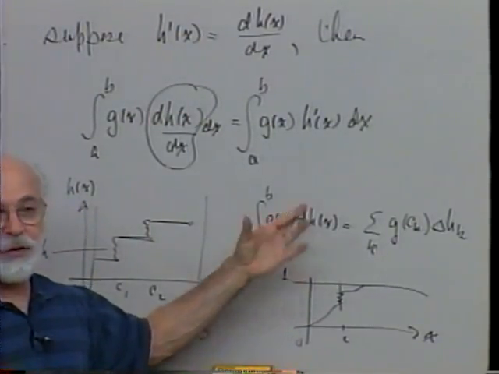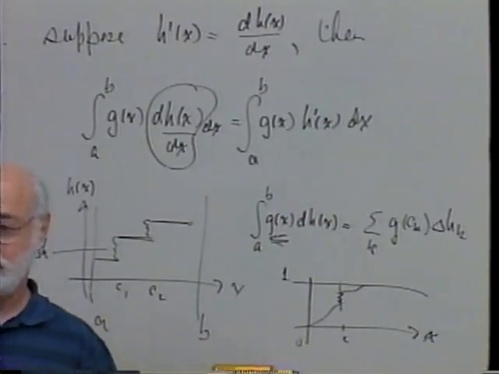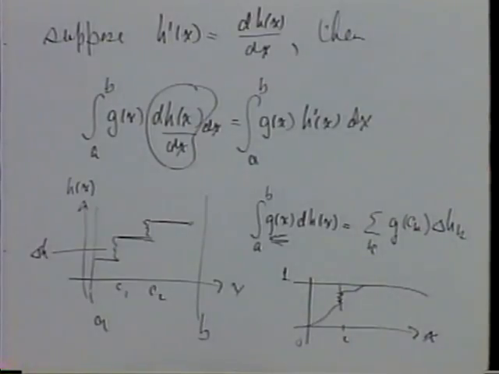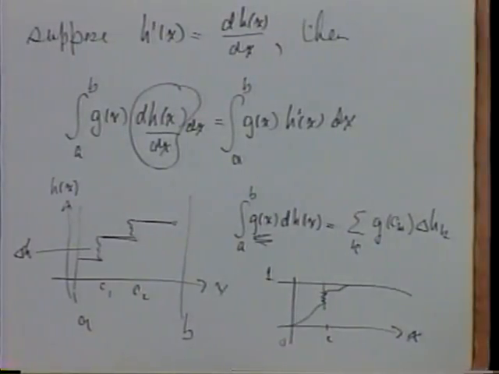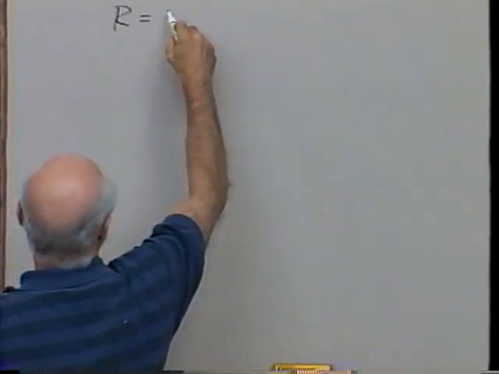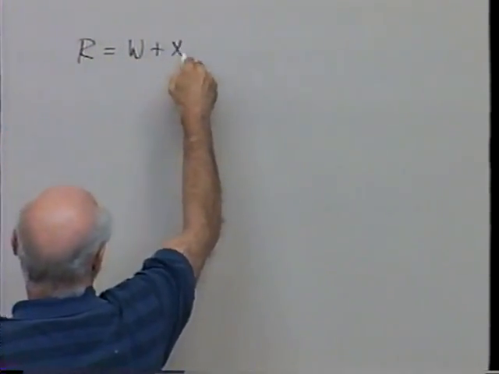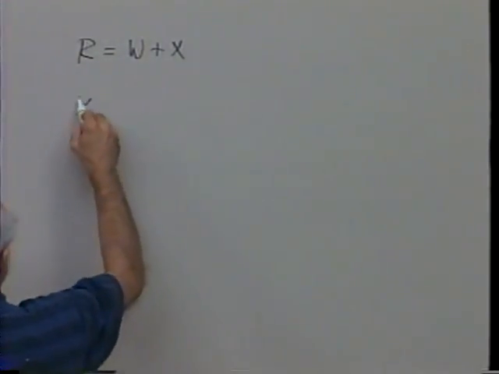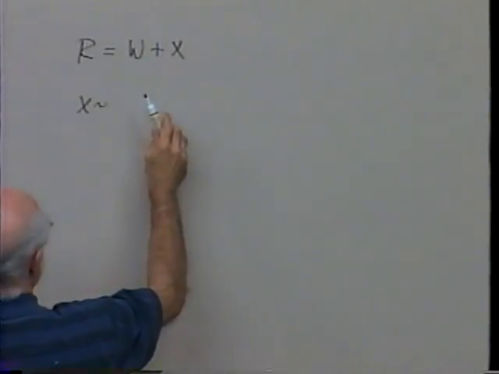Okay, so that's all there is to it. For example, let's go back to the last homework problem. You had R, which was defined as W plus X, where X was distributed as an exponential.